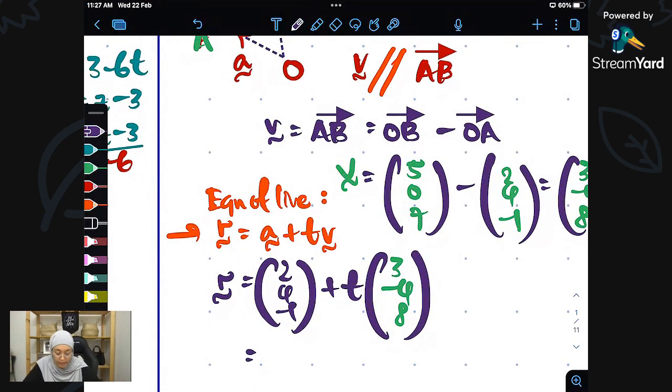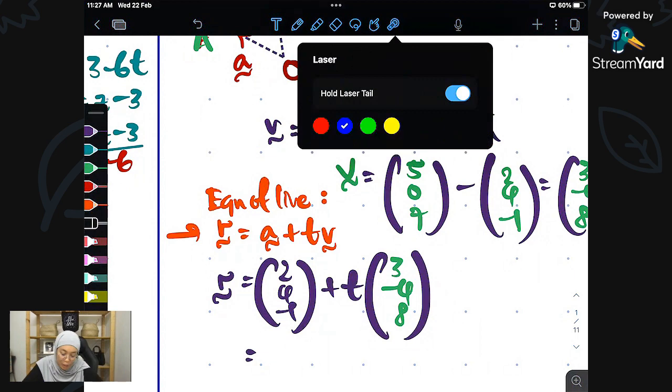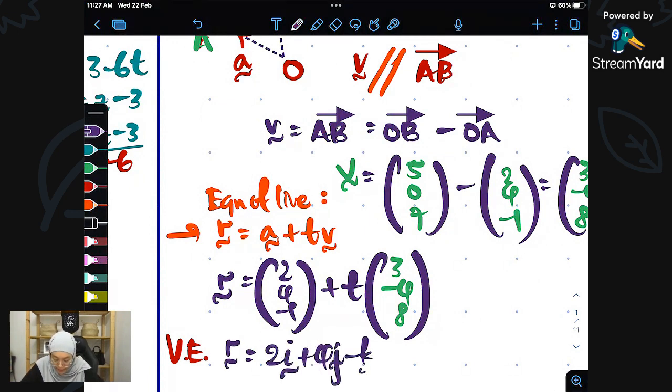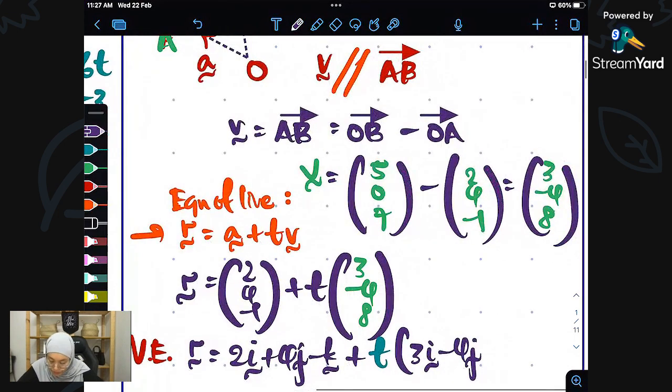And then that's it. Actually, this is our answer. This is our VE. So our VE is so easy. r is just equal to 2i plus 4j minus k plus T times (3i minus 4j plus 8k). Done.